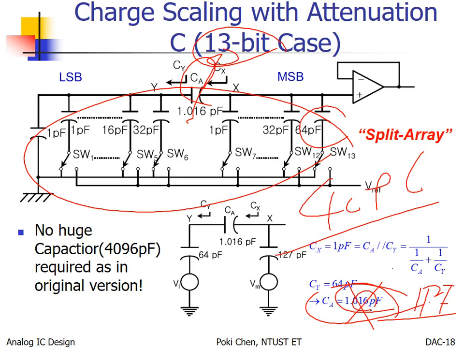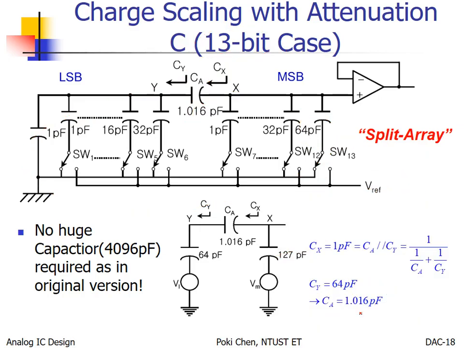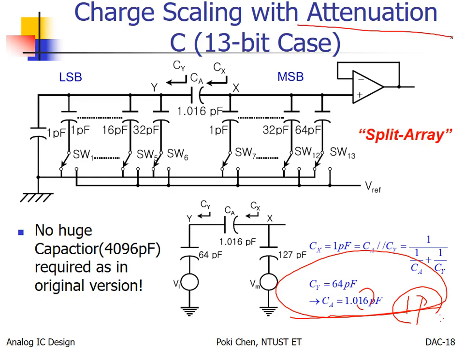So what is the problem? If you replace the original 1.016 with only 1 pico, you will have some kind of attenuation error. But how much?